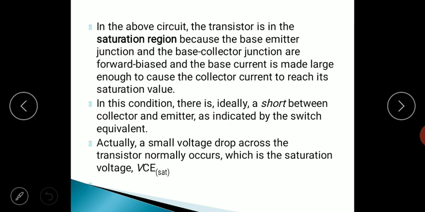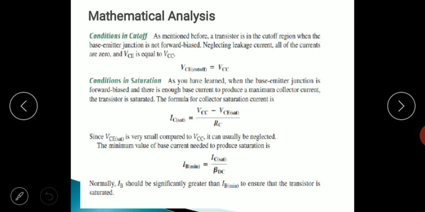However, a very small voltage will exist across the collector and emitter, which is negligible, and that collector emitter voltage when the transistor is on is called the saturation voltage VCE sat, which is very small. So this is that VCE sat.